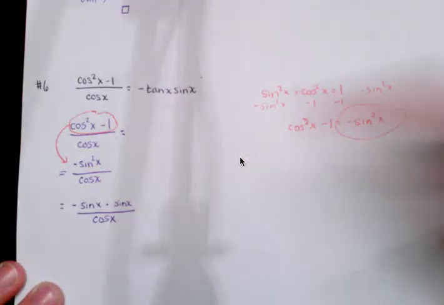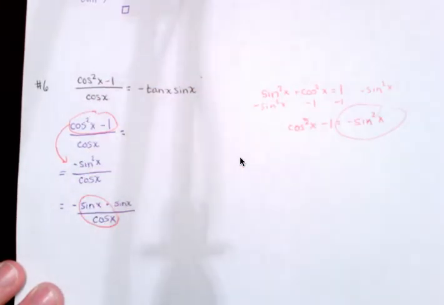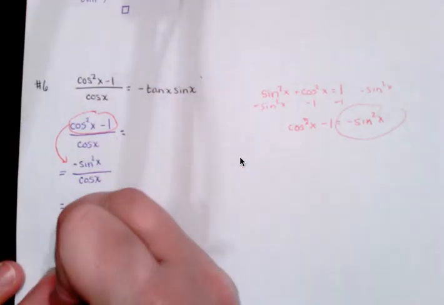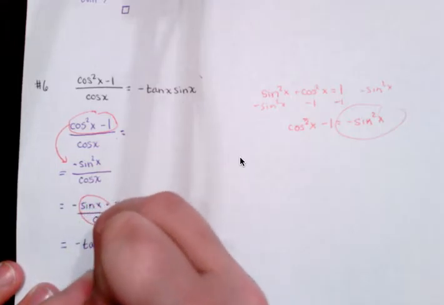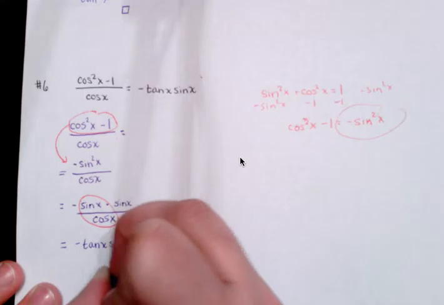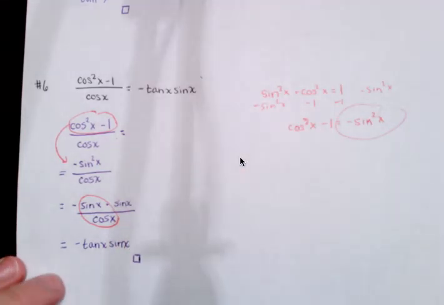Well, then I know, since it's multiplication, I can kind of split it up. Sine of x over cosine of x, that's equal to tangent. So I have negative tangent of x and then sine of x, which again is where I wanted to end. So put your little box, and that is how you prove it. So again, knowing your trig identities is probably the most important thing you can do.